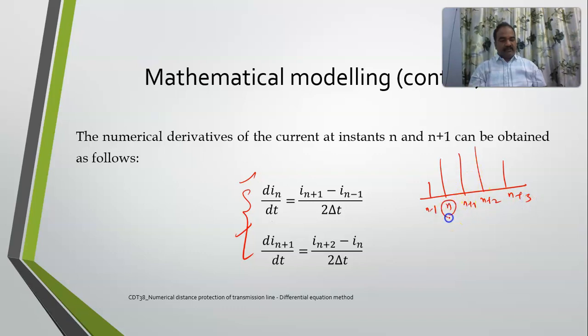If I want the differential here, what I am doing is considering these two samples, i n plus 1 minus i n minus 1, and between two samples the distance is delta t. Here delta t, here delta t, so totally it is 2 delta t. This is what I have considered here. If I want to take the differential at this particular point, I am going to take the adjacent samples, n plus 2 minus n, by 2 delta t.